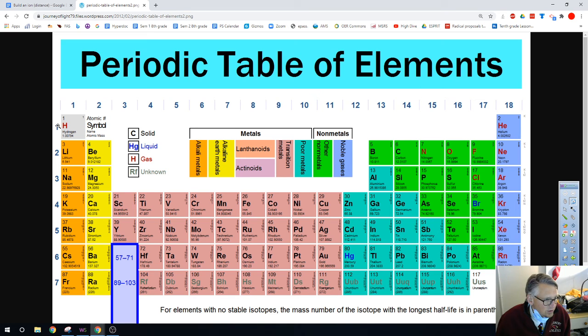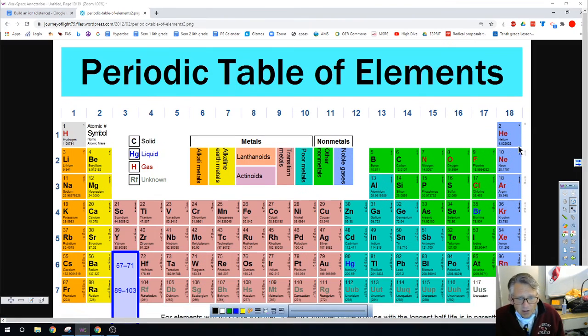So if we take a look at row 1, they all use the first shell. Row 2 all uses the second shell. Row 3 starts filling the third. Row 4 starts filling the fourth, and so on. So rows are the number of shells that are being used. Groups, columns, or families are the number of valence electrons.